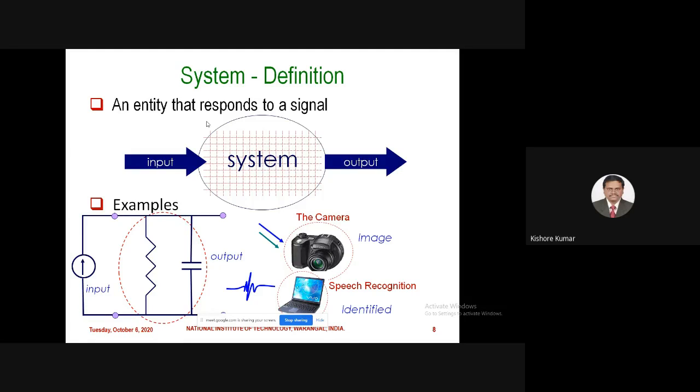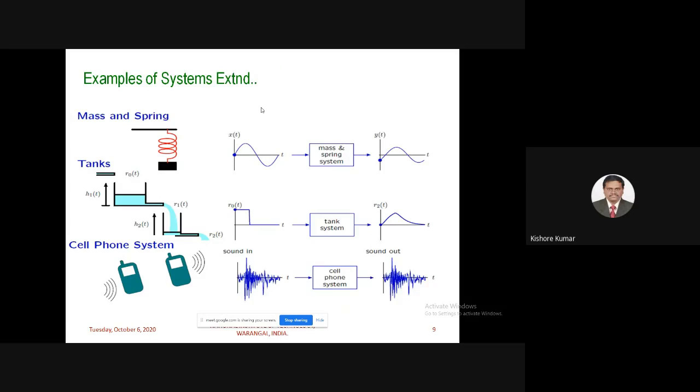As we have seen, a system is an entity that responds to a signal. Similarly, we have different types of examples of a system: mass spring, tank, cell phone system.